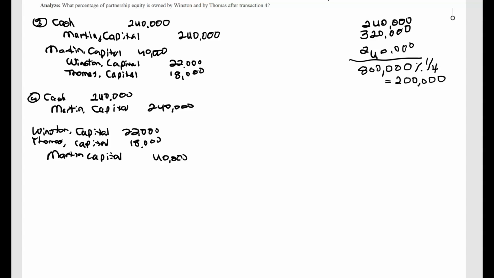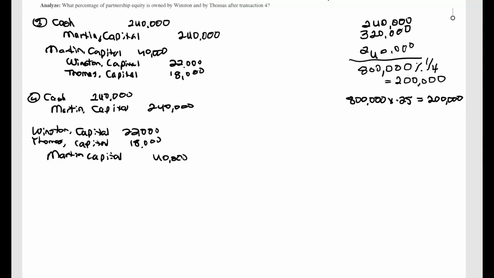Okay, so for number 3, we took $800,000 and divided it by 1/4, or you can multiply it by 0.25. You get the same thing. So you could do 800,000 times 0.25, and that's 200,000. That's the same thing, 0.25 or 25%.